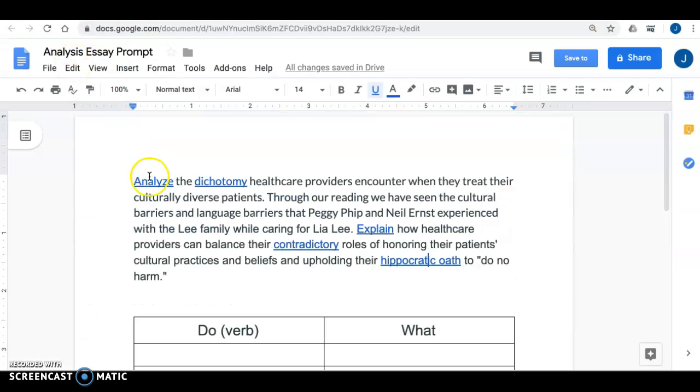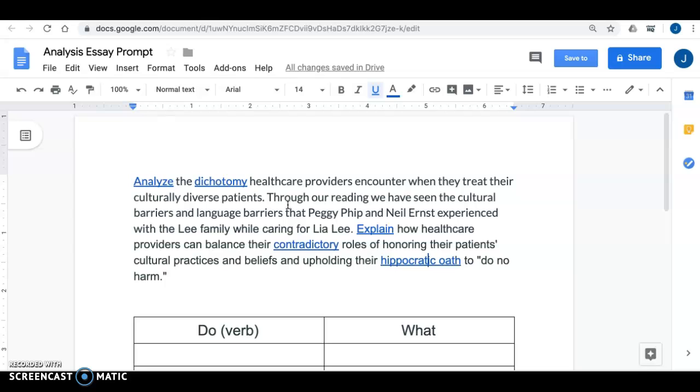Okay, so let's go back. So analyze, so I'm going to have to really study and take a deeper look at the dichotomy, so the contradiction that healthcare providers encounter when they treat their culturally diverse patients. So there's some type of contradiction that they face.